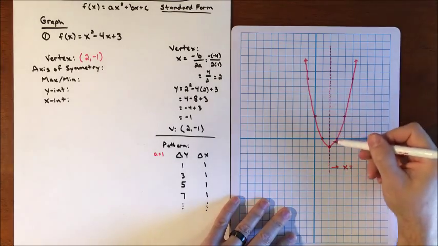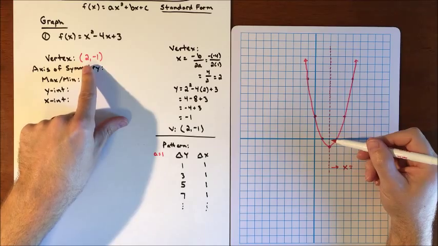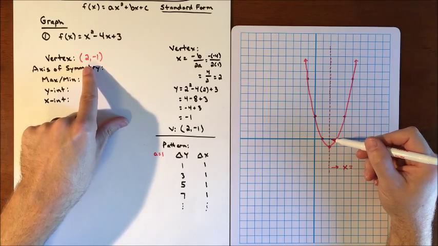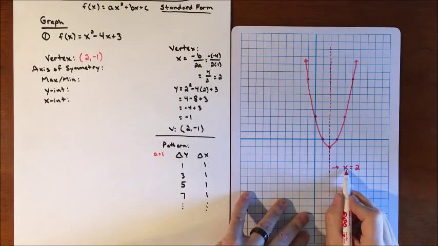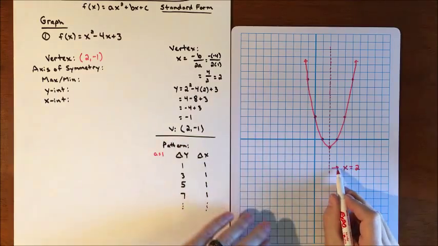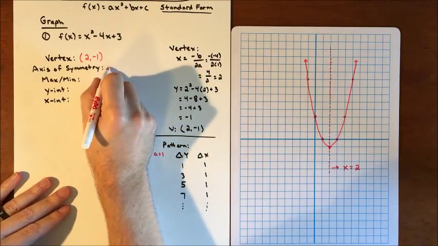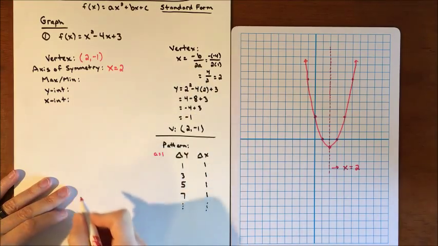That x equals passes through 2, which also corresponds to the x value in our vertex. And that'll always be the case. So our axis of symmetry is always just going to be x equals the x value from our vertex. It is an equation of a line, not just a value. So it's x equals 2.